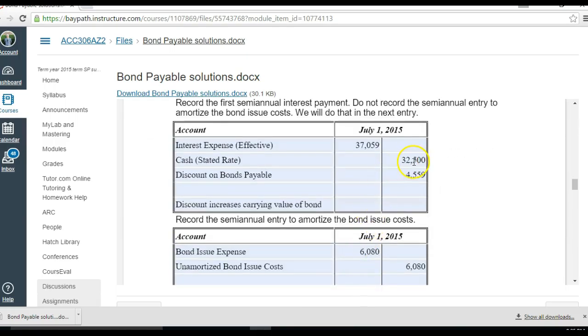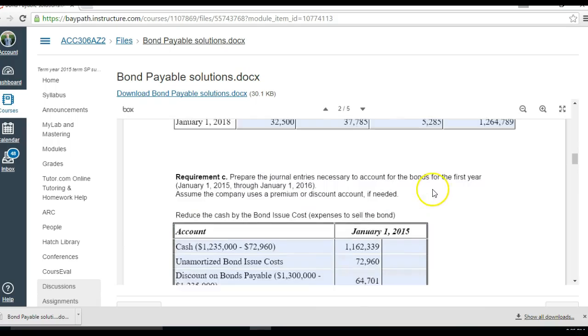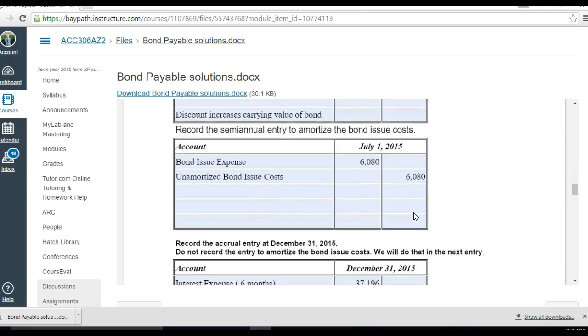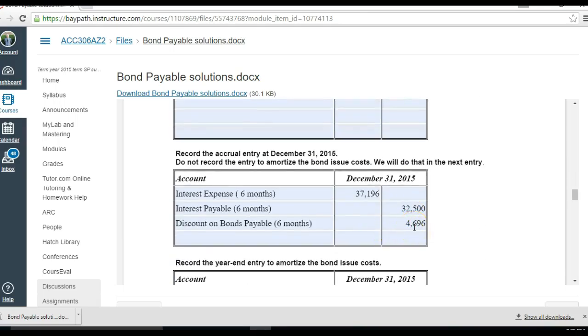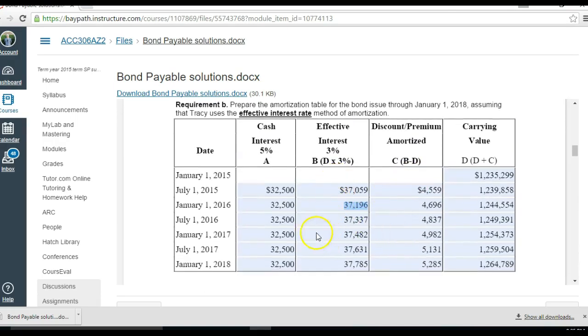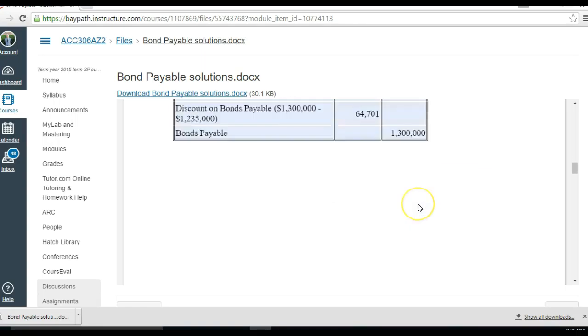The payment is $32,500, and the discount again is right from your effective interest schedule, $4,696. So notice that these columns basically represent journal entries. Credit cash, debit interest expense, credit to discount on bonds payable, the discount amortized. These three columns represent your journal entry.